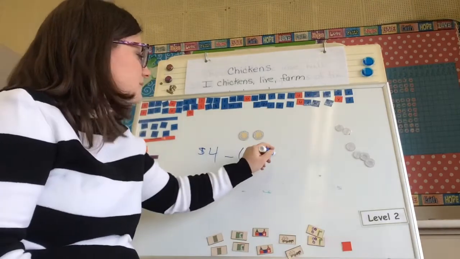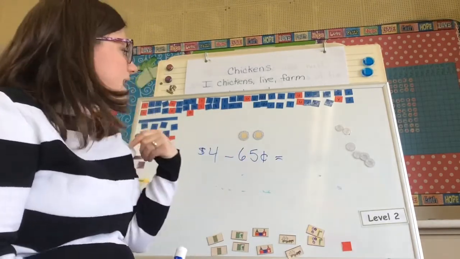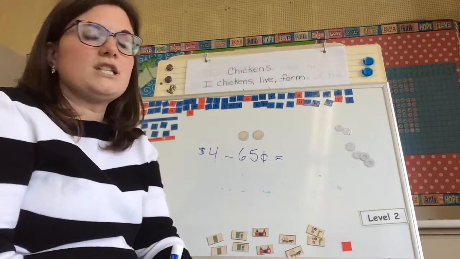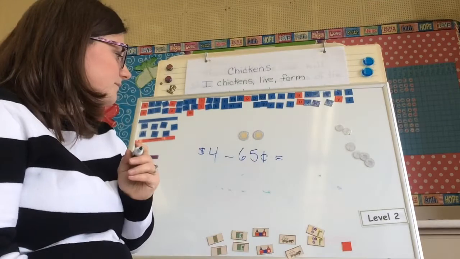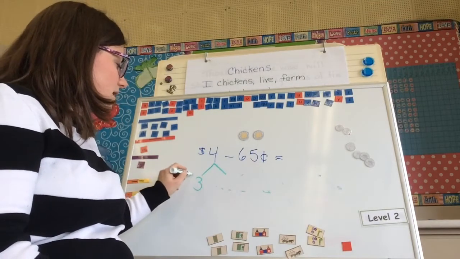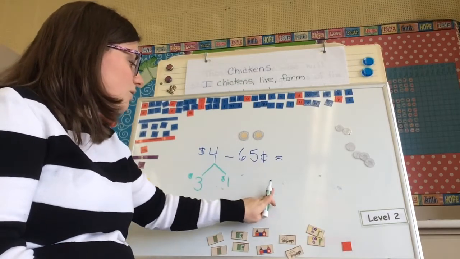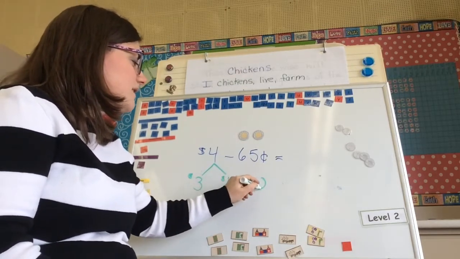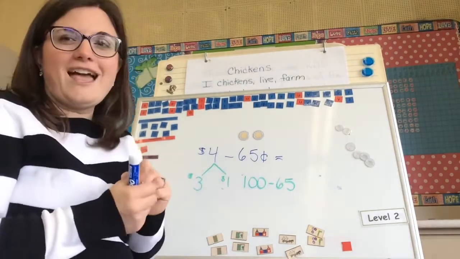Okay, how could I find out how much money I have left? If I pay with my 2 toonies and it's only 65 cents, how much would I have left? Well, we can think of this 4 as $3 and then $1, which we know is 100. So we can think of 100 take away our 65, right?